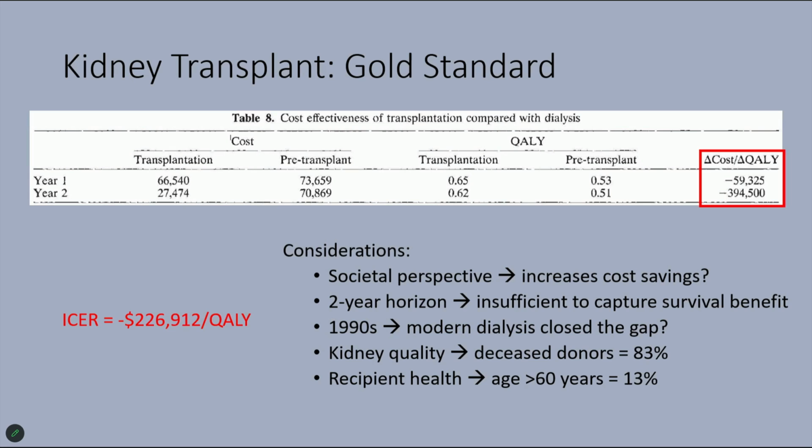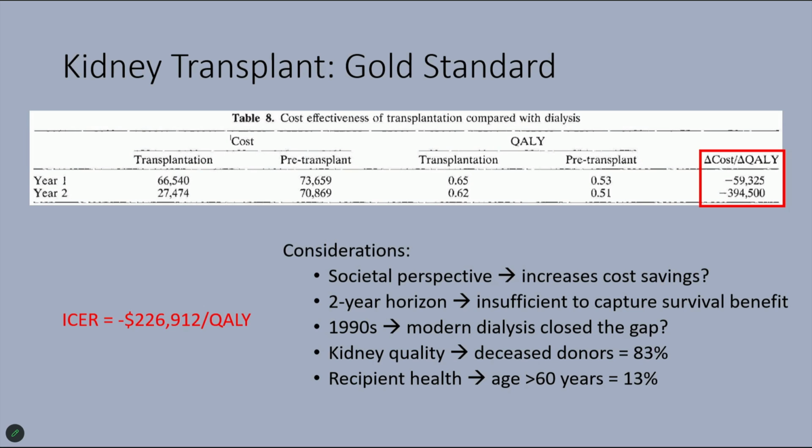The final ICER was $59,000 in the first year and $394,000 in the second year, averaging $226,000 over the 2 years. Note that since these ICERs are in the southeast quadrant, they're negative, and the larger magnitudes are actually more desirable.